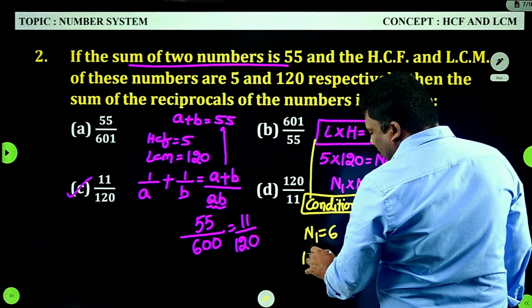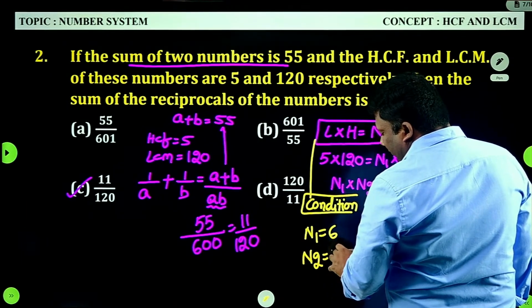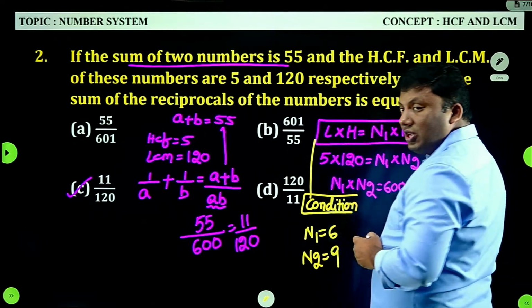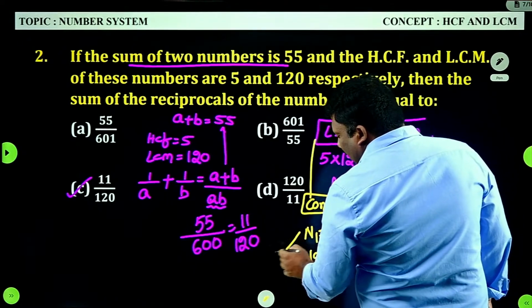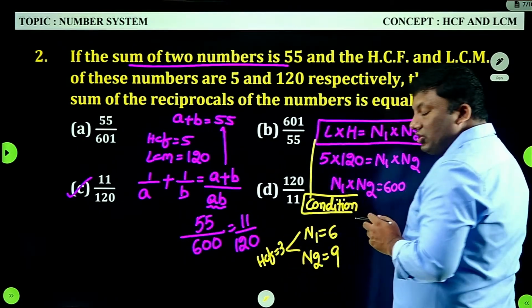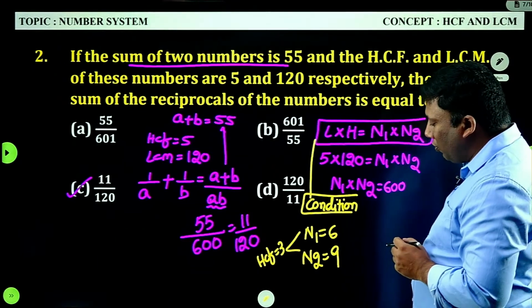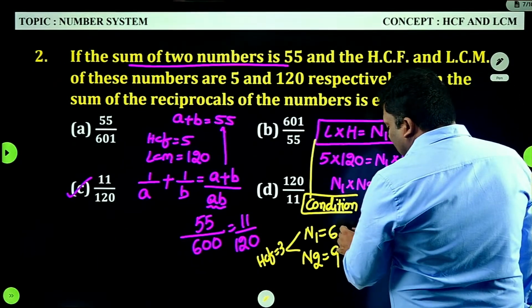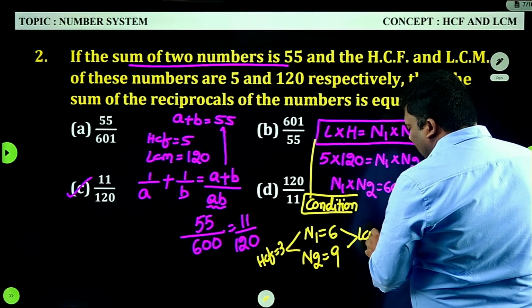N1 is 6, N2 is 9. There are two numbers, 6 and 9. The HCF is 3, the largest factor which will divide both 6 and 9. LCM is 18.